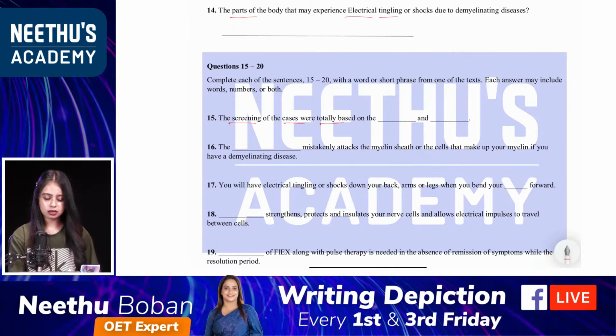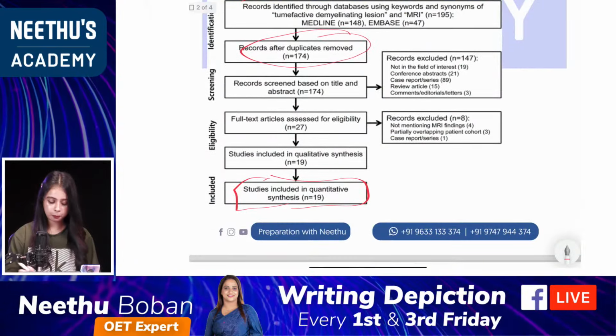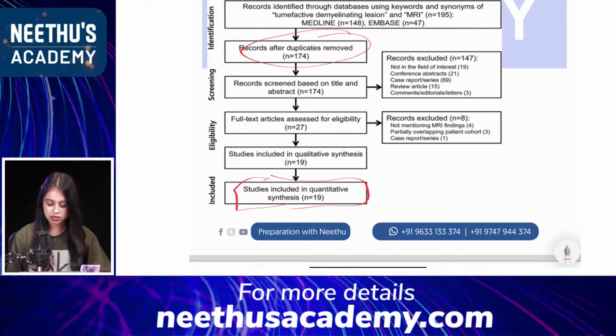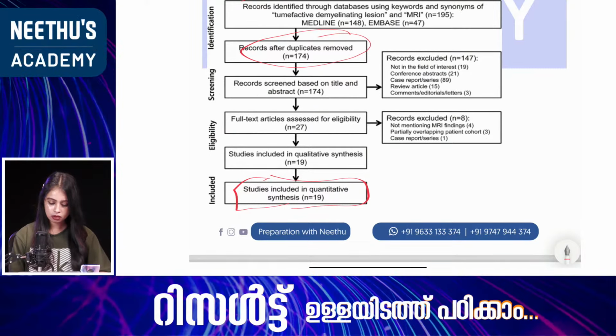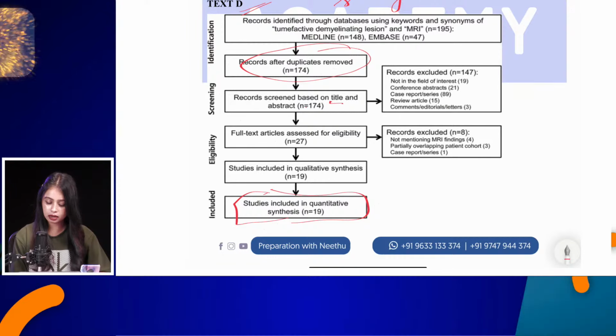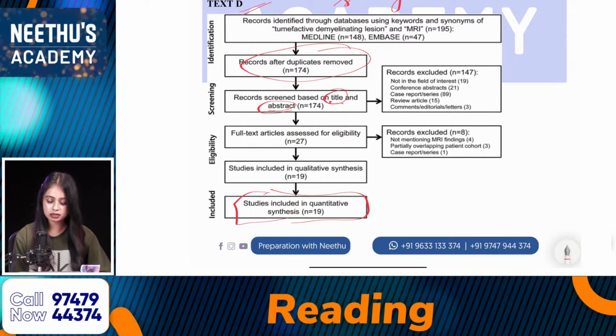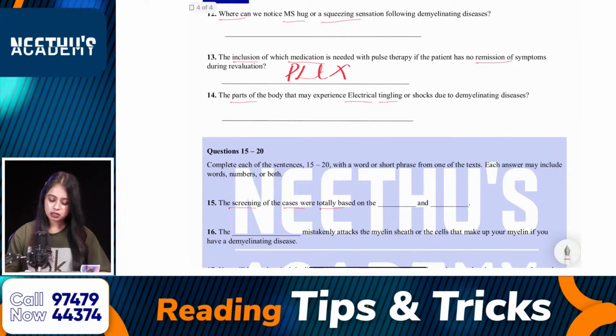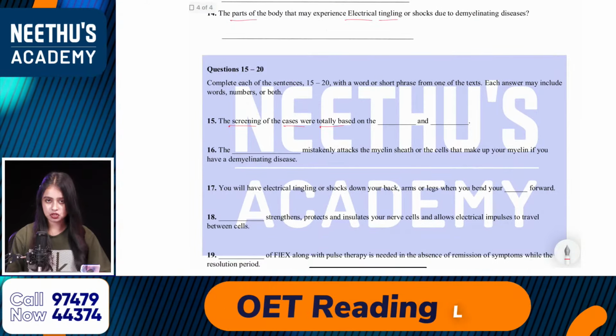It's all about title and abstract. Records screened based on the title and abstract. So the answer is title, abstract.